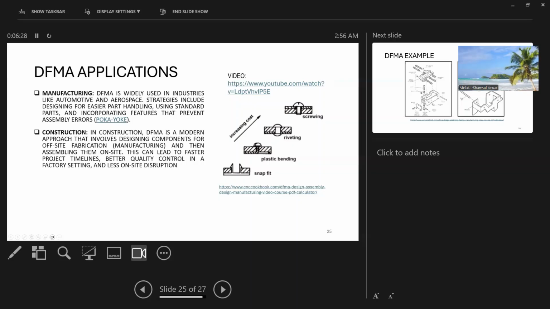All these things can be attached together using snap fit, plastic bending, riveting, screwing. All of these have different production costs. The snap fit seems to be the cheapest, but you have to look into whether it solves the problem, whether it's good for the application and things like that.